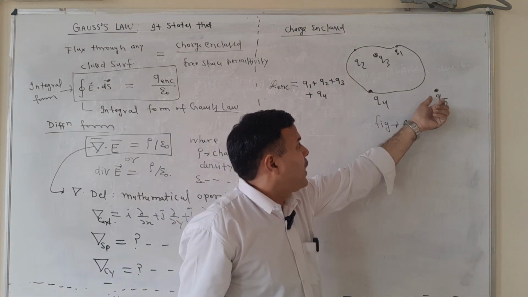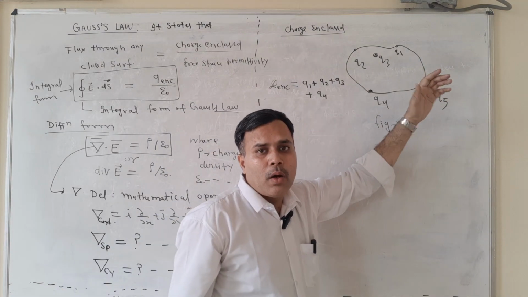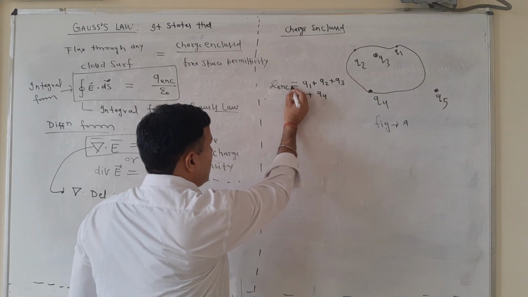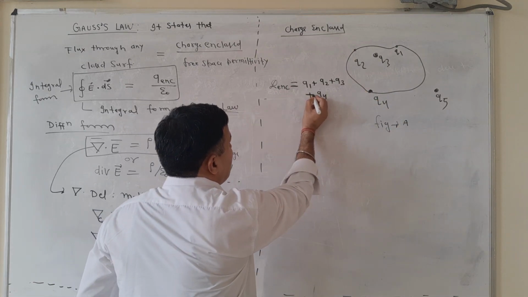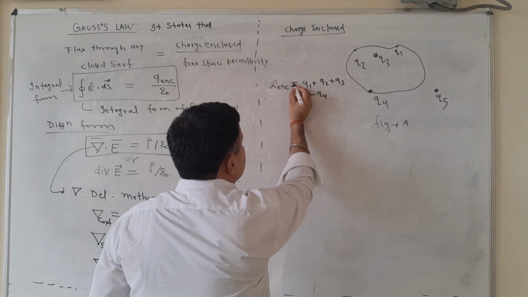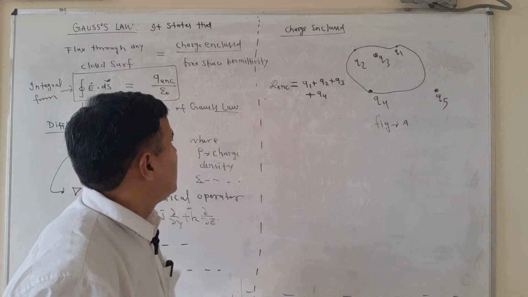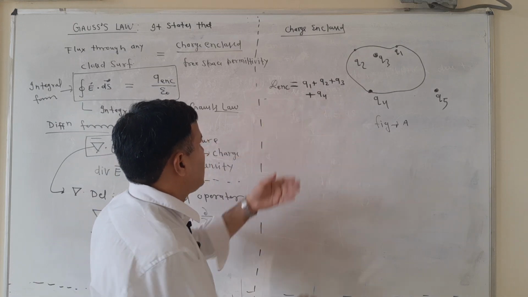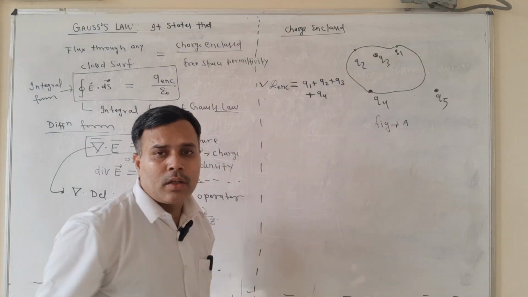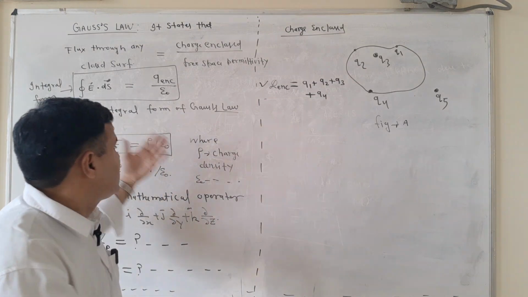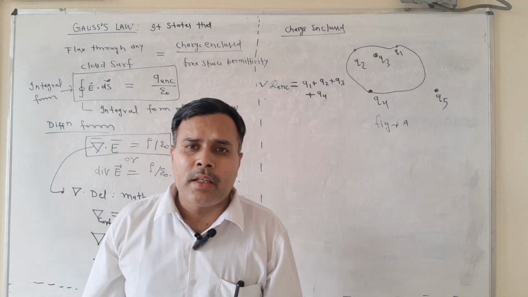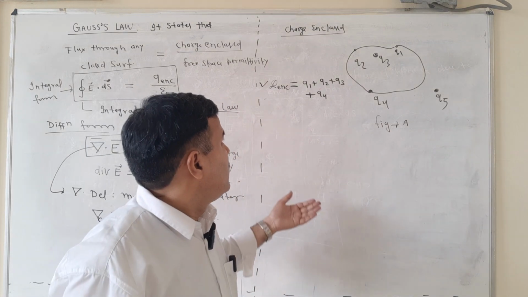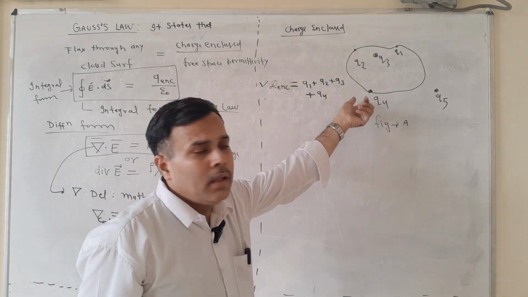In this case Q5 is outside this closed surface, so Q5 does not come into the picture of the charge enclosed concept. This is the correct expression of charge enclosed. If we have a single charge, that is okay, no problem, but if we have a many-charge system, the charge enclosed is defined in this way.